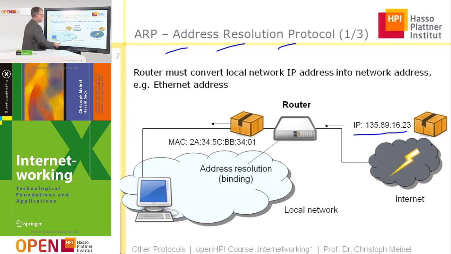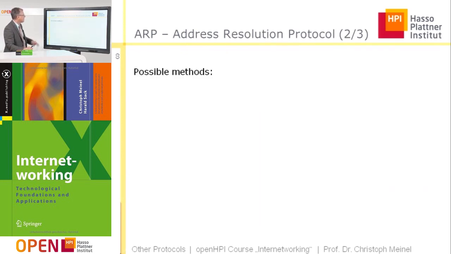So the router has to find out what is the Ethernet address, if it is an Ethernet, or what's the local network address, in this case the MAC address. The router analyzes the IP address and converts this into a MAC address, and this is done by means of the ARP, the Address Resolution Protocol.